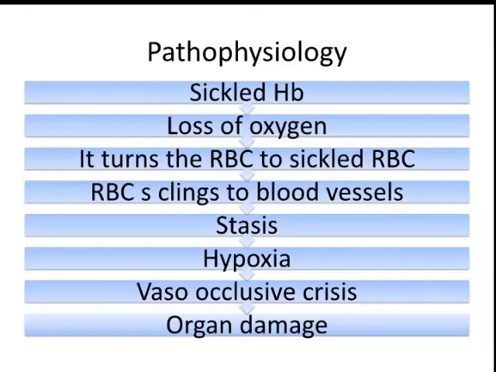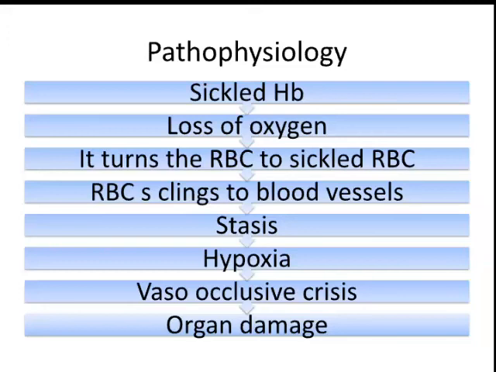The pathophysiology. Normally the sickle cell will look like our normal RBCs, but in the presence of less oxygen, it turns into a sickled RBC. So the normal RBCs will turn into sickle cell RBCs in the absence of oxygen or when there is a decreased oxygen level in the blood. What happens?